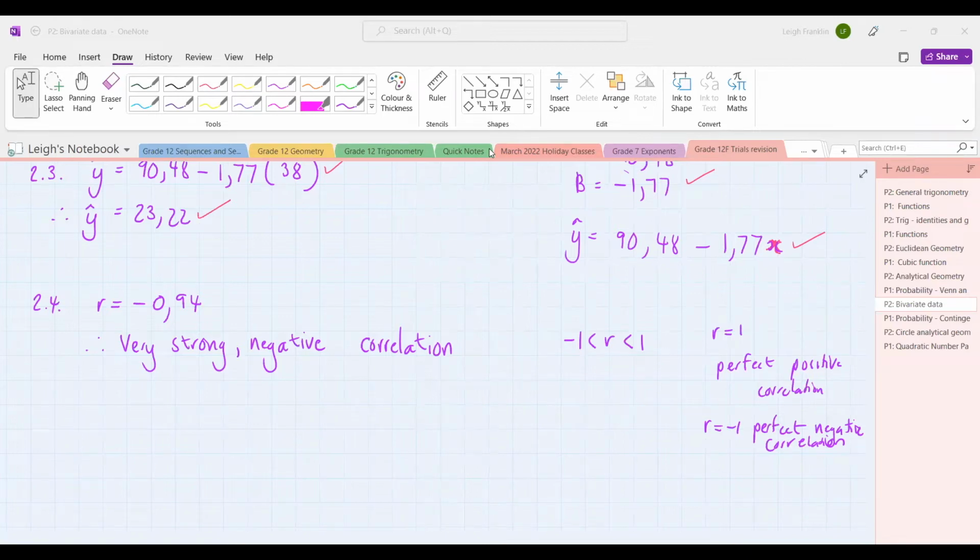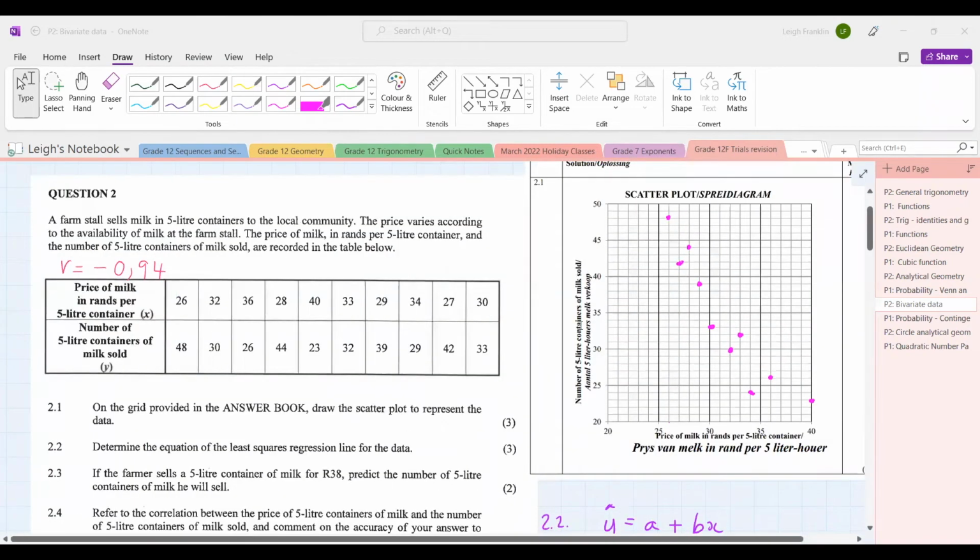If it's positive, then it's a positive correlation, which means that as the one gets bigger, the other one gets bigger. If it's a negative correlation, it means that as X gets bigger, Y gets smaller. So what we are finding here is that as the price of rands per 5-litre container increases, the number of 5-litre containers of milk sold is decreasing.